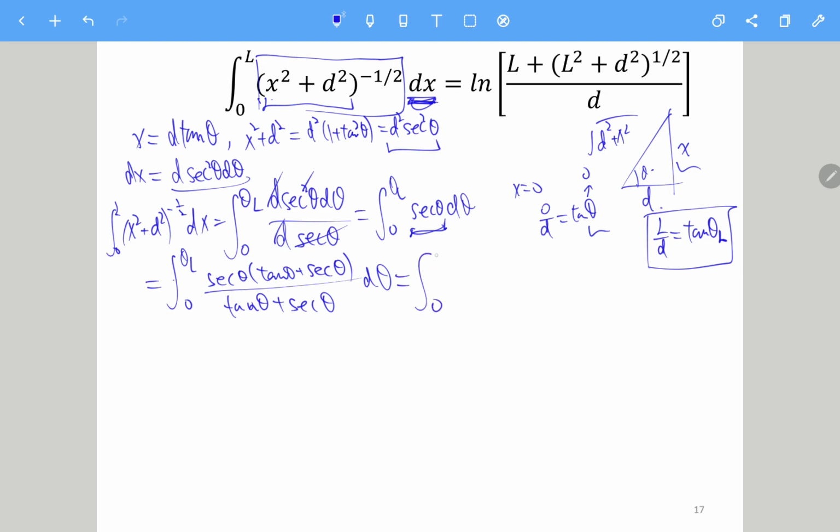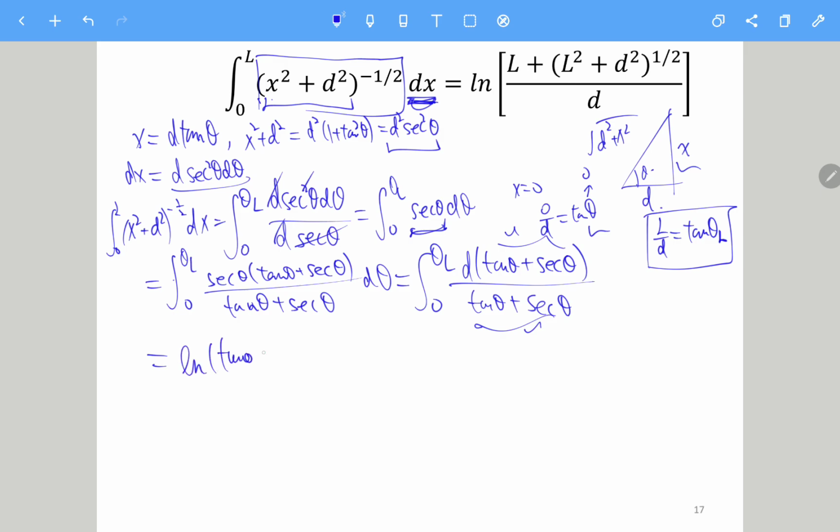So it becomes the integral from 0 to theta L of d of (tangent theta plus secant theta) over (tangent theta plus secant theta). You can regard this as u, so it becomes a natural log: natural log of tangent theta plus secant theta, evaluated from 0 to theta L.